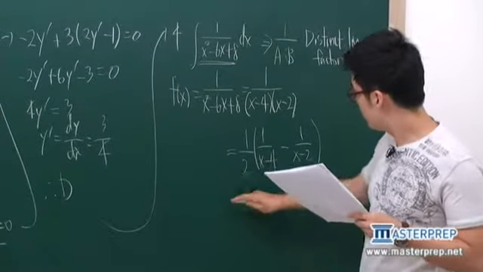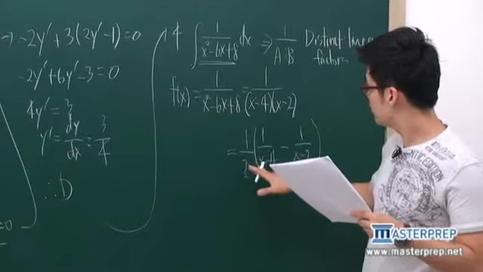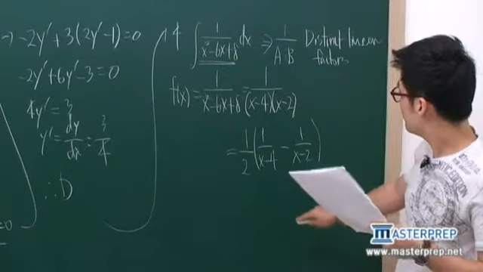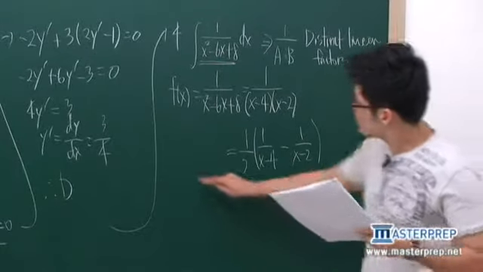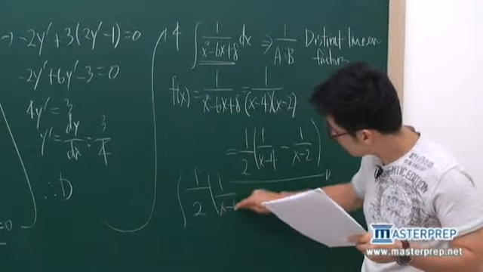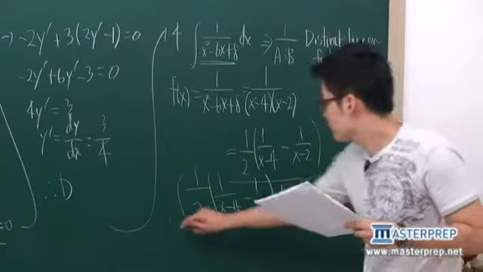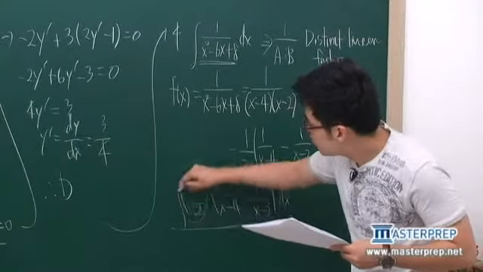So what do you have to do? You are using this fact and writing 1 over 2 times the integral of (1 over x minus 4 minus 1 over x minus 2) dx. And constants can be pulled out, right?